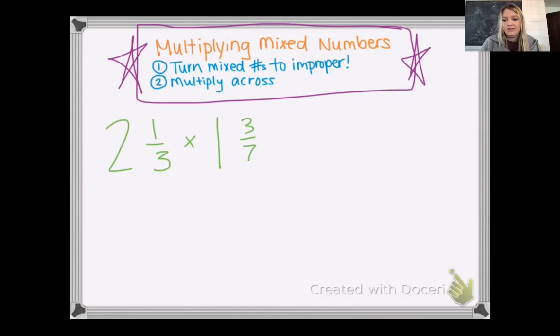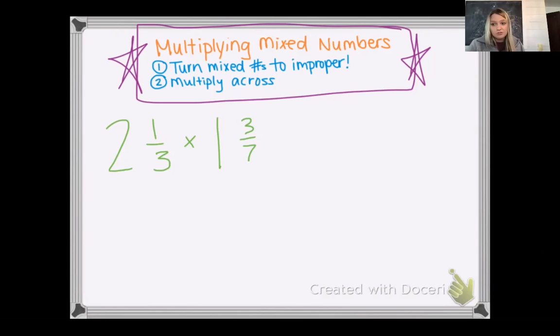That took way longer than expected. So now we can actually solve this math problem. In your notebook, write down 2 1/3 times 1 3/7. If I were a kid, I'd panic for a second, and that's okay, because then I'd say, oh wait, I turn them into improper fractions, and then they can multiply easy peasy.